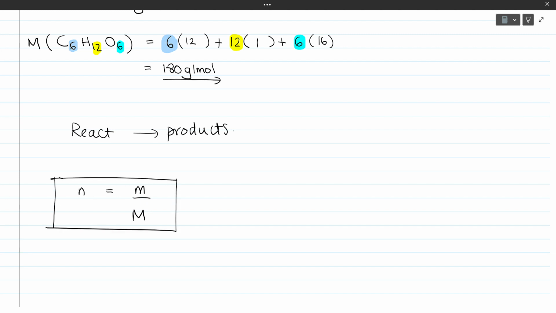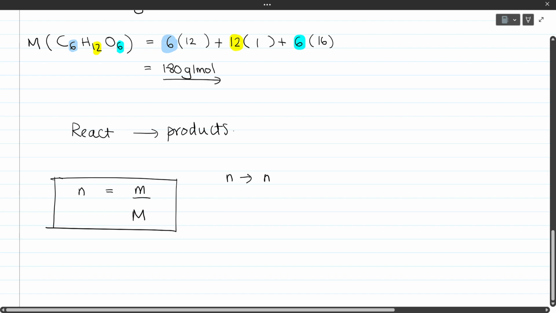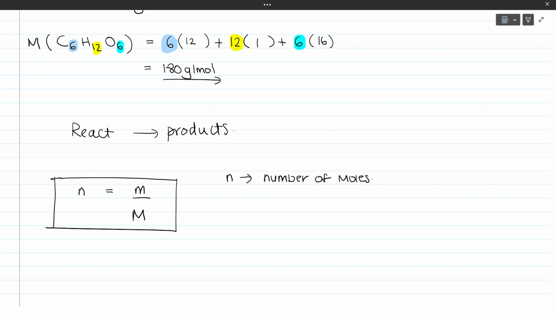Okay, so we have this formula here. The n in the formula stands for the number of moles that we have. And the unit of measurement for the number of moles, I'm just going to write it on the side here.